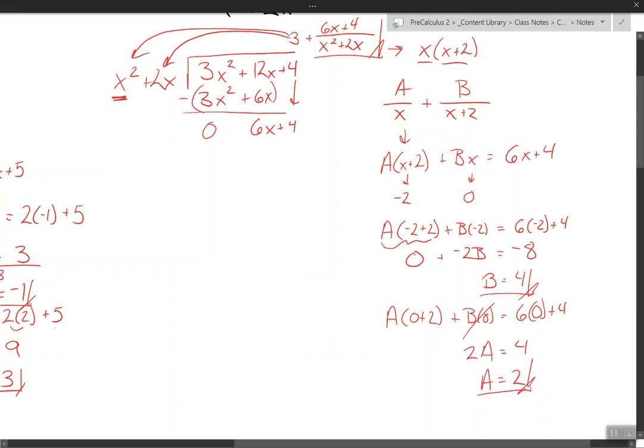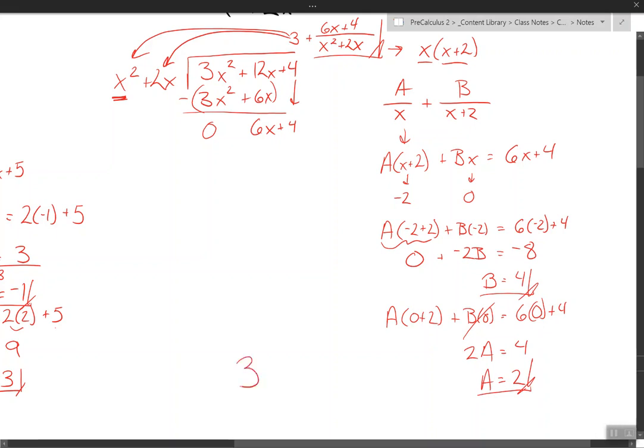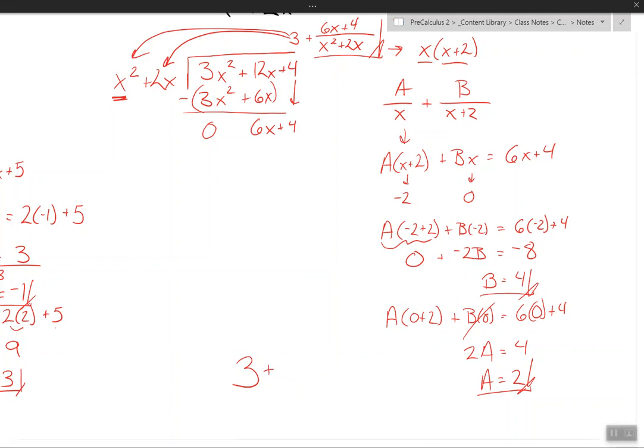So the partial fraction decomposition part is the exact same as what we were doing in the first couple problems. We just have to start by using polynomial long division. So like I said, we don't want to forget the 3 now that we're going to write our answer. 3, which is what we divided out to start, and then the 6x plus 4 over x squared plus 2x, that's what we just broke down.